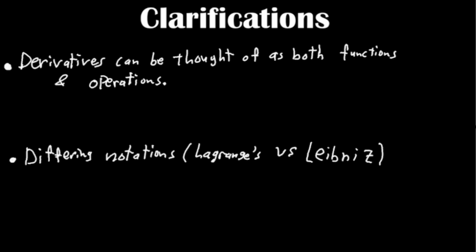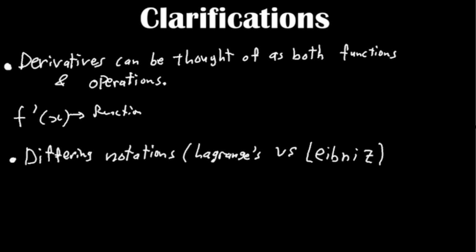Alright, so now I'm going to give some clarifications for some common things that people get confused on. So, the derivative, it's a function, right? f prime of x, that's a function. It's the derivative of f. But it can also be thought of as an operator, right?